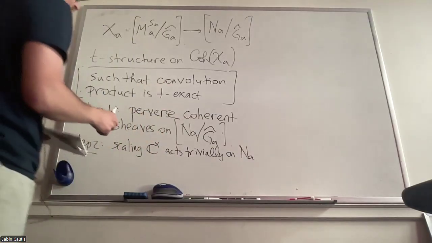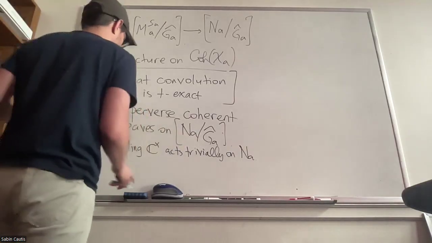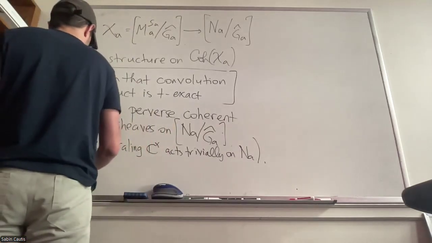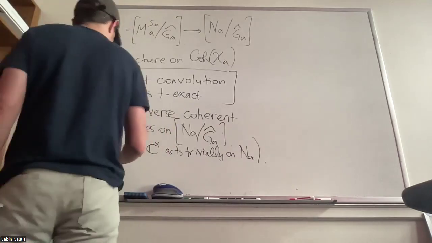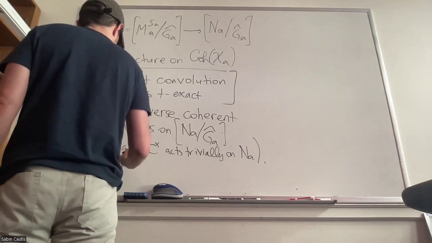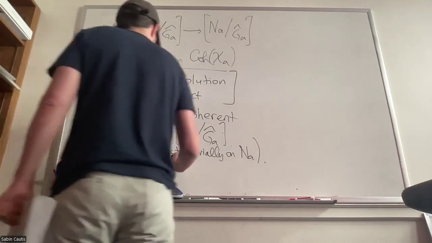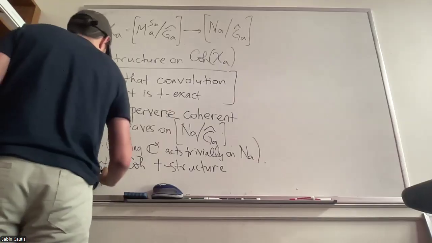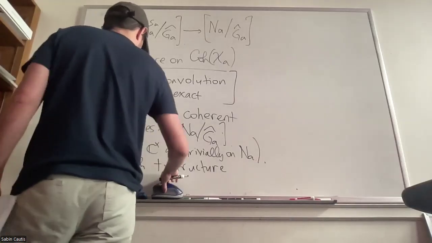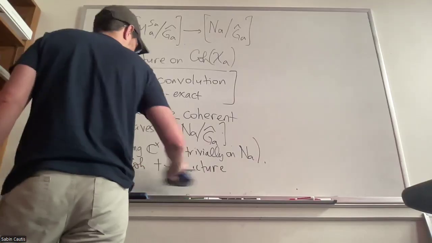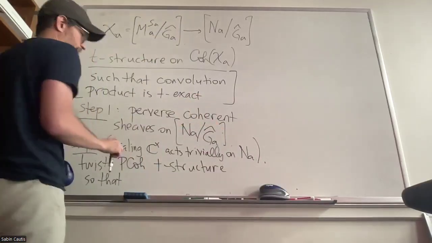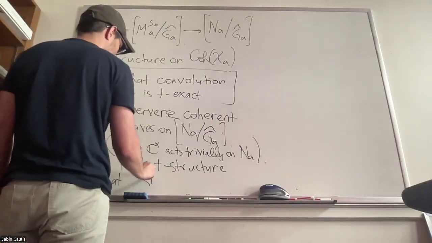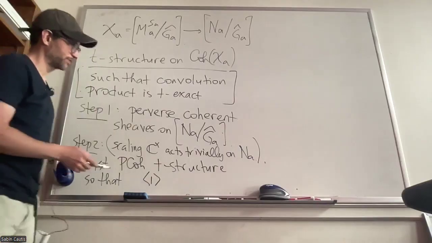So what you're going to do is twist the standard T structure. So this is just a reminder, and we're going to twist this perverse coherent T structure, and I'll explain in a moment what I mean by that. So in the whole derived category we have this shift by one, which I briefly mentioned last time.